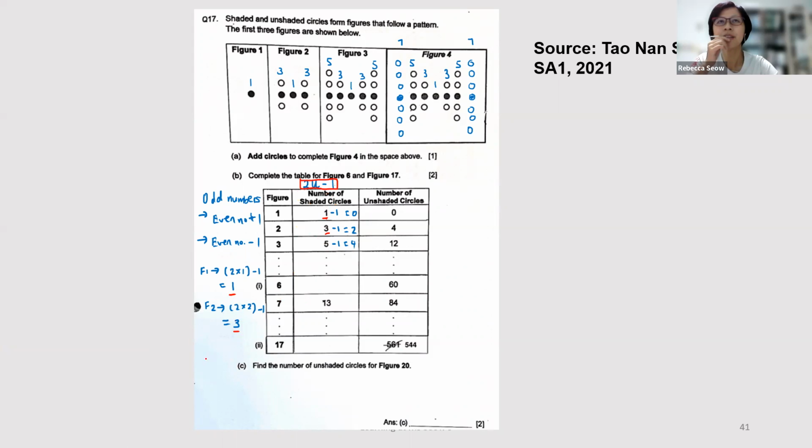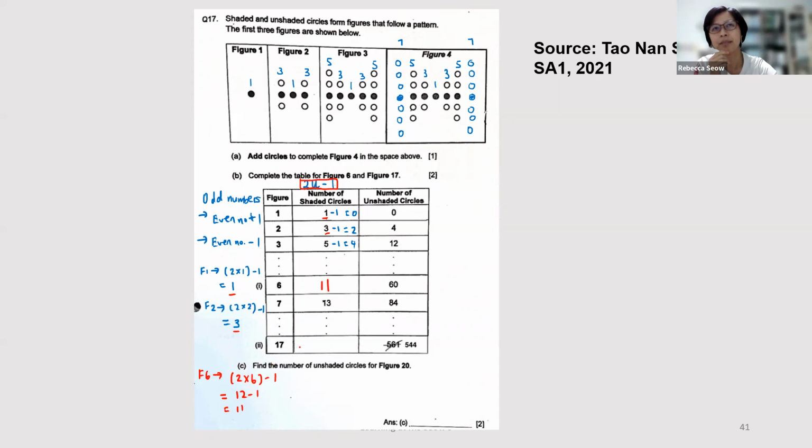So if we want to find the number of shaded circles for figure 6, we take 2 multiplied by 6 and take away 1 from that. 2 times 6 is 12. 12 minus 1, we get 11. So the answer for the first blank is 11.